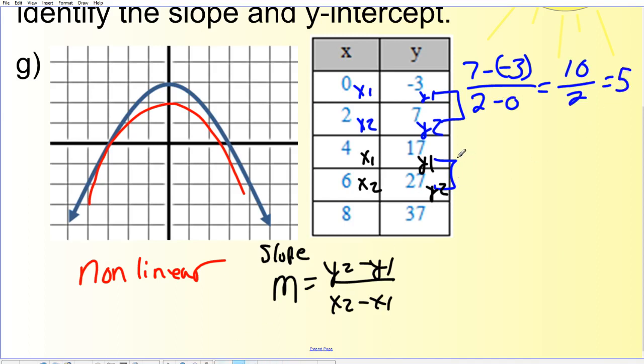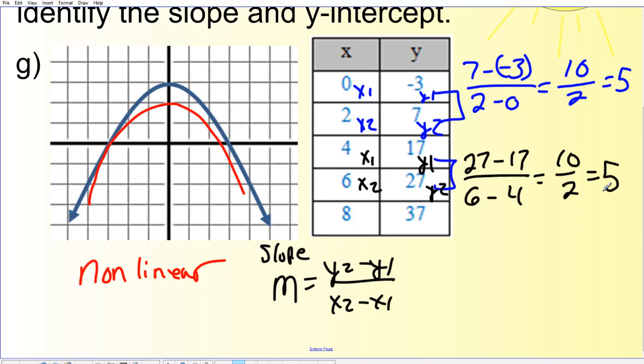Okay? Down here, y2 minus y1 over x2 minus x1 gives me 10 over 2 equals, well, would you look at that, 5.